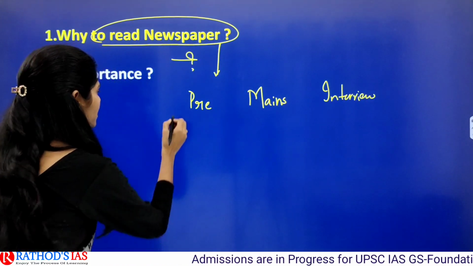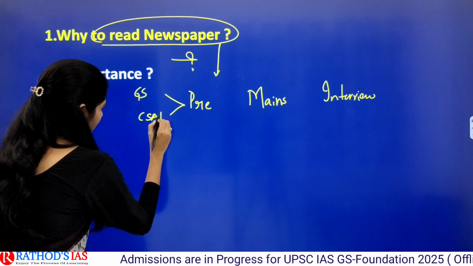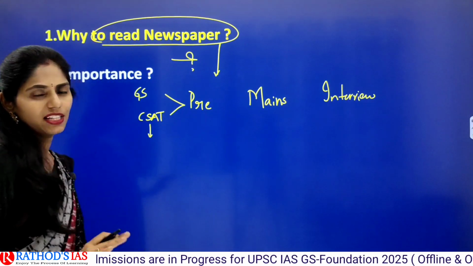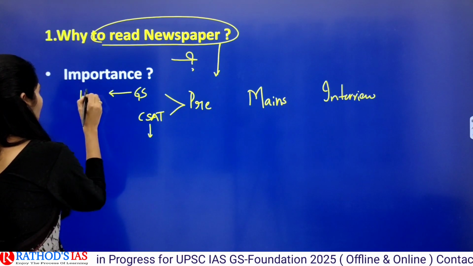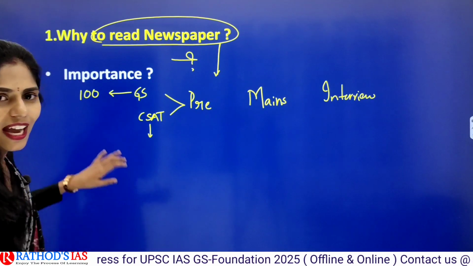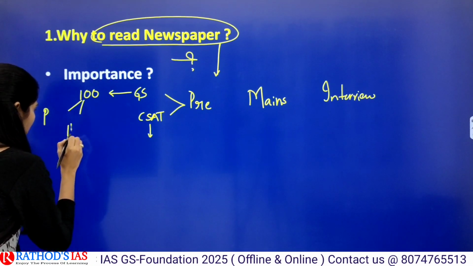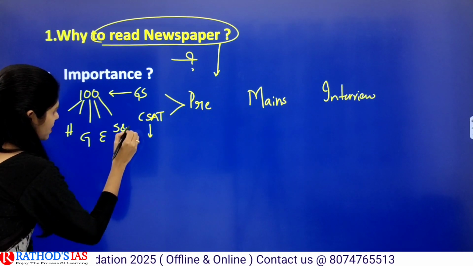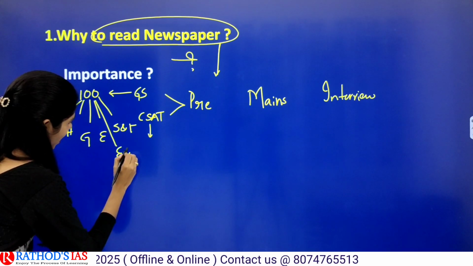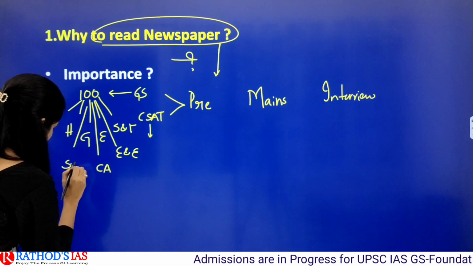In prelims you will have GS and CSAT. CSAT is your maths portion and English comprehension, and in GS you will have 100 questions. In GS you will have different subjects like polity, history, geography, economy, science and technology, environment and ecology, current affairs, and schemes.